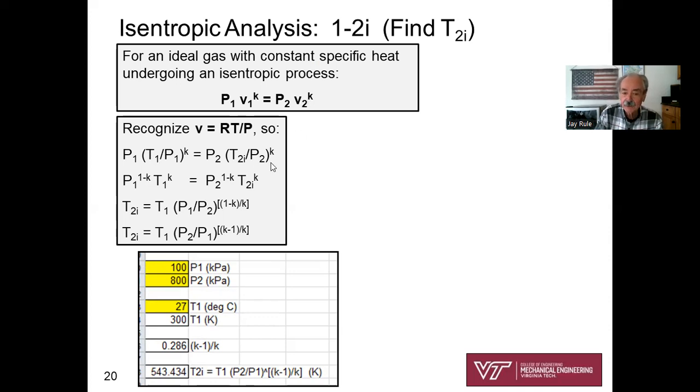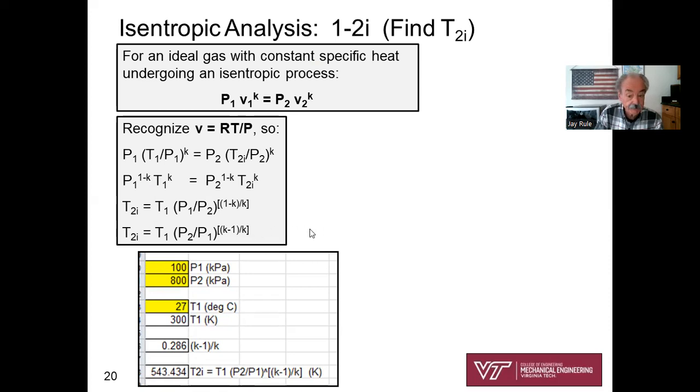Now, I'm not going to drag you through all of these algebra steps, but you might want to download the PowerPoint slides that go with this video so you can satisfy yourself that you can quickly get to this identity. T2 isentropic equals T1 times the pressure ratio, P2 over P1, to the K minus 1 over K.